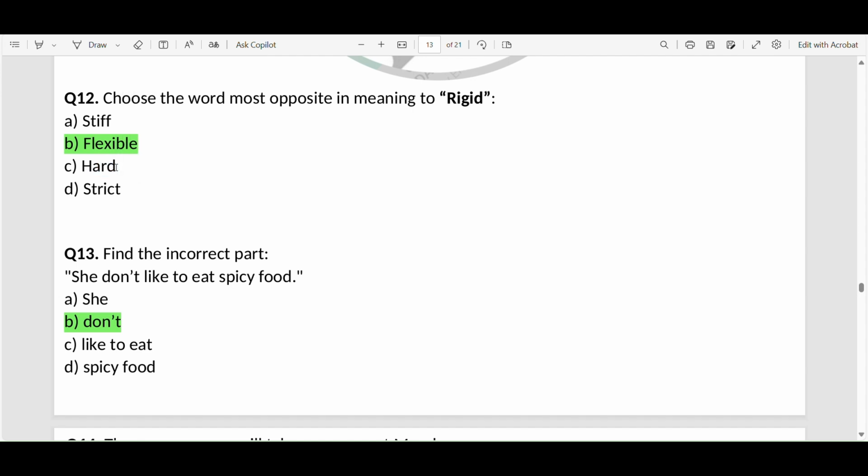The strong will be hard, and strict. Strict is out of the box. So when you go into flexible, strong will be opposite for flexible, right? So this would be the correct opposite for rigid.